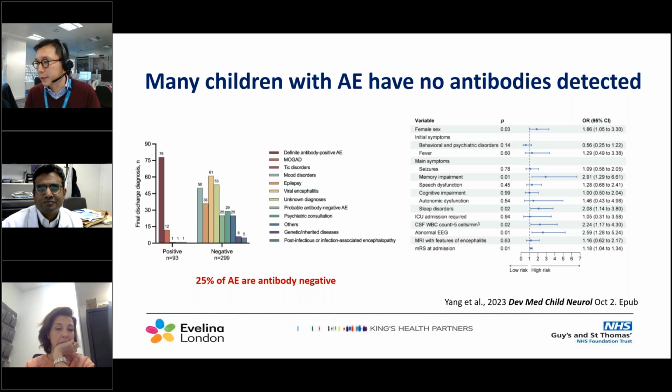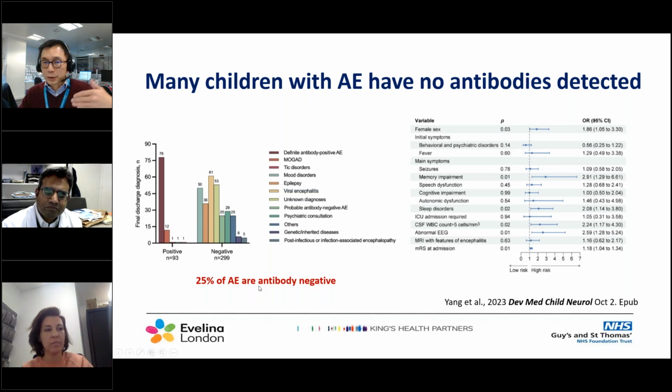20%, 25% are antibody negative. And you can see there that the 12% or 10% of MOG, which is this little marker here, is consistent with what was observed by Thais. So with time, this will come down, but it is still a sizable amount. About a quarter of patients are antibody negative.